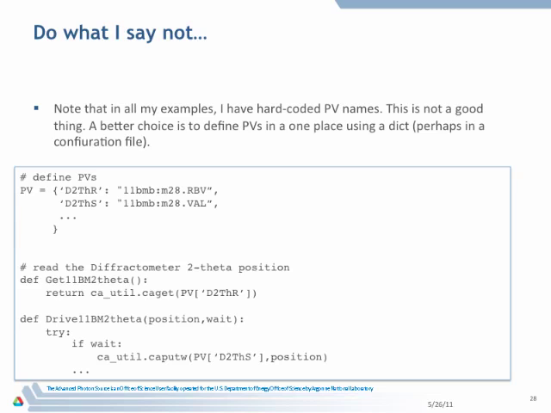And then you write your call to look it up in the dictionary. If you do that, you'll spend a lot less time changing PVs because all your PVs are defined in exactly one place. That goes in the category of do what I say, not what I do.